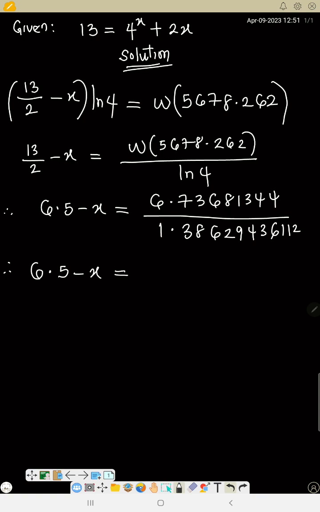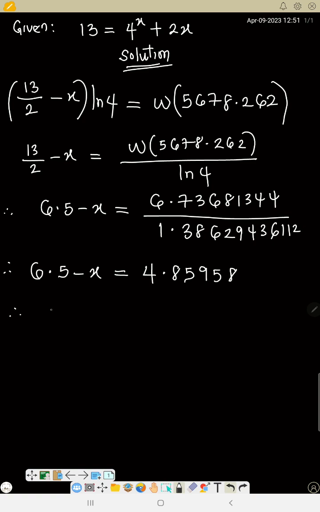Now divide. 6.73681344 divided by 1.38629436112 is 4.85958.